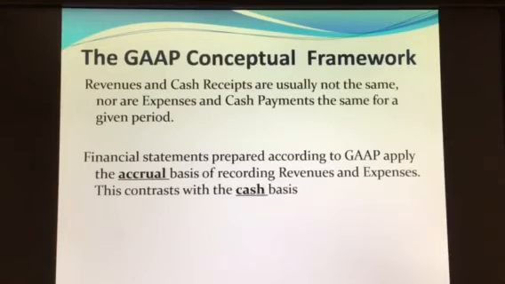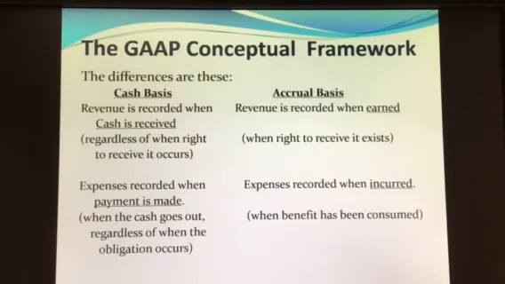Revenues and cash receipts are usually not the same, nor are expenses and cash payments the same for a given period. Financial statements prepared according to GAAP apply the accrual basis of recording revenues and expenses, which contrasts with the cash basis. And here's a summary of the differences between these. Under the cash basis, revenue is recorded when the cash is received, regardless of when the right to receive it occurs.